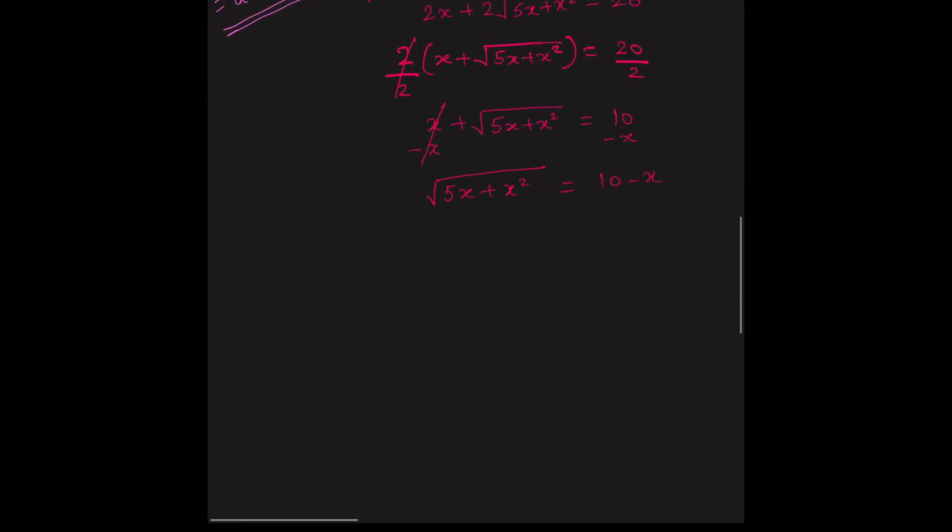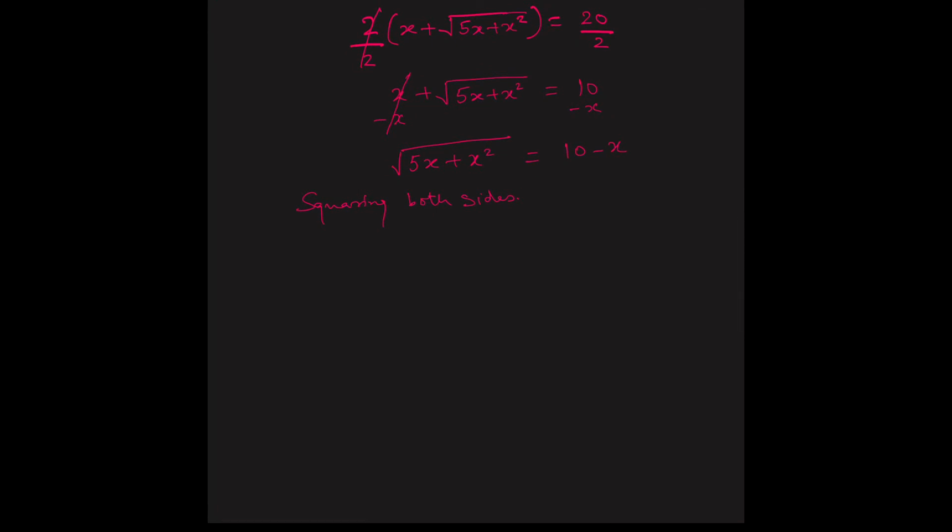Now to get rid of the square root, again we will have to square both sides. What do we get here? We get the square of the square root of 5x plus x squared equals the square of 10 minus x.